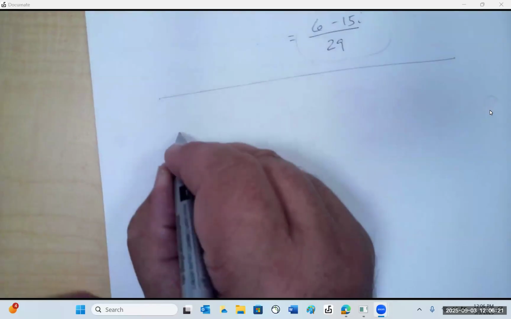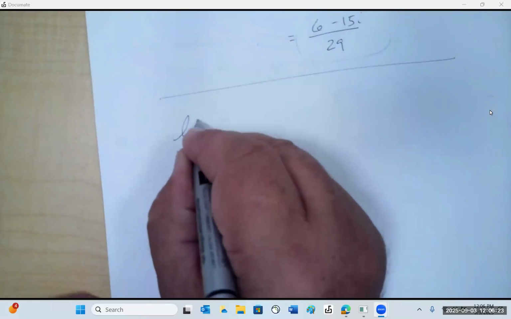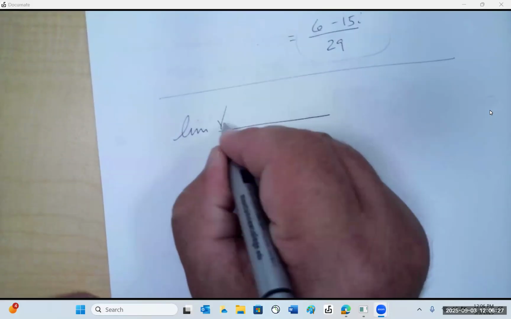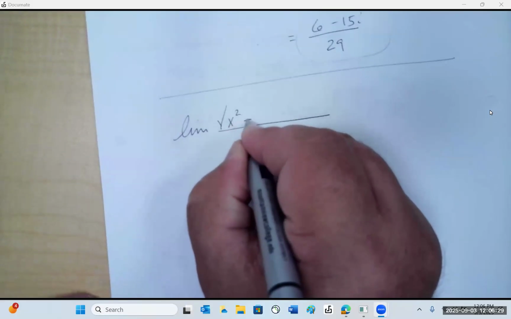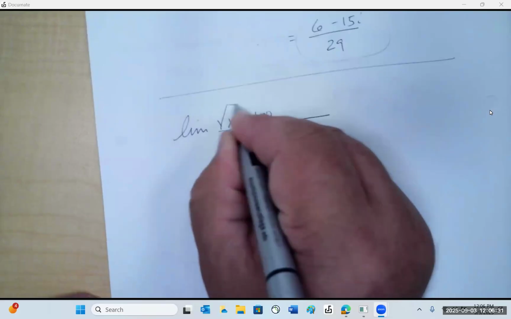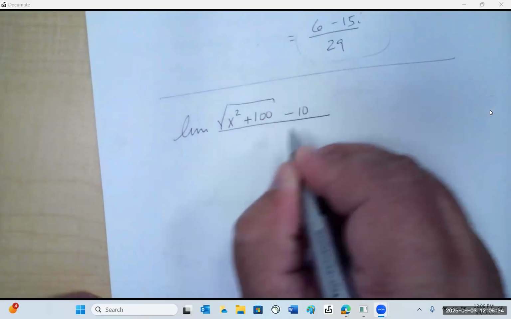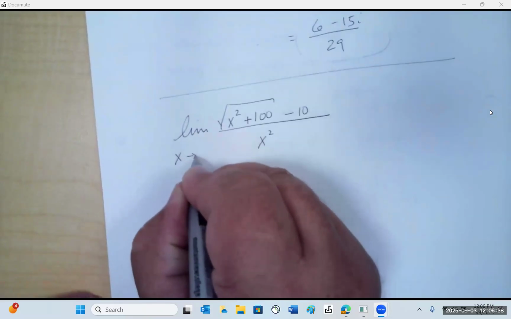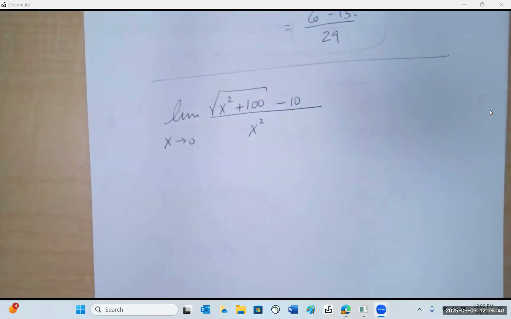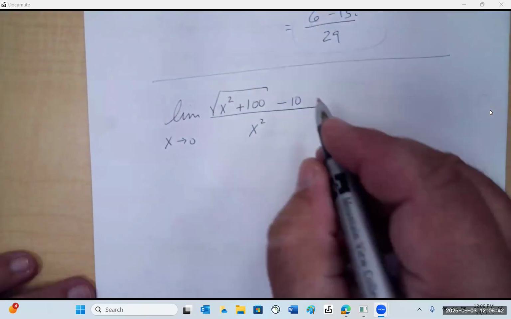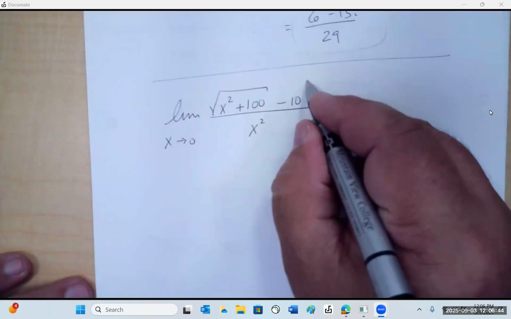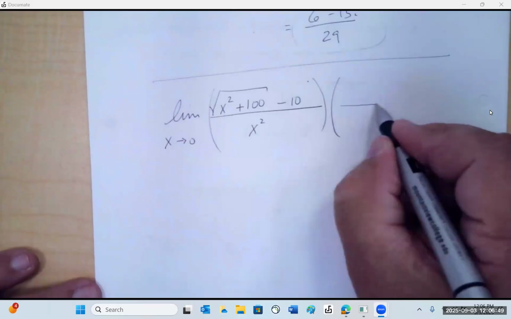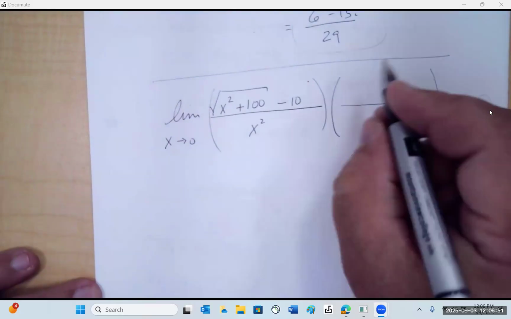So in our example, we have the limit of the square root of x squared plus 100 minus 10 over x squared as x approaches 0. We know it equals 0 over 0. So what do we have to do to this equation? We have to multiply by its conjugate.